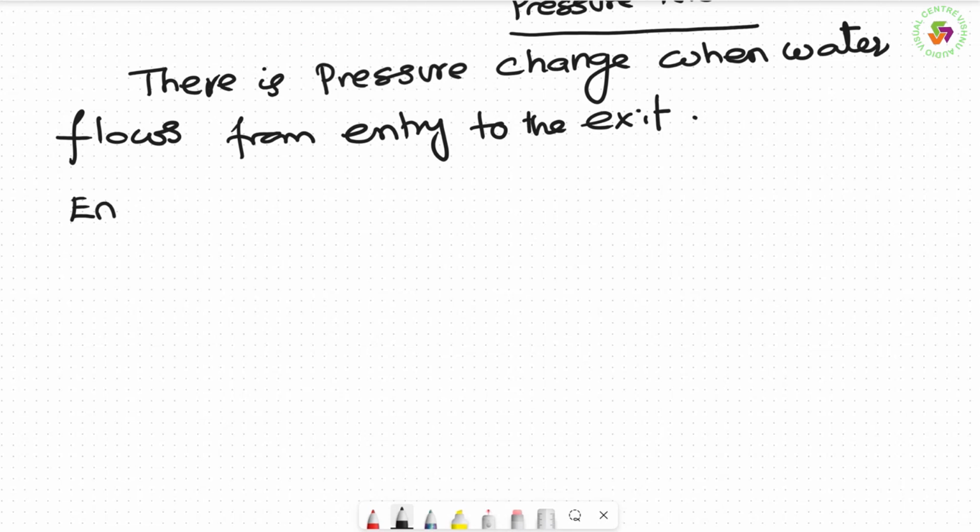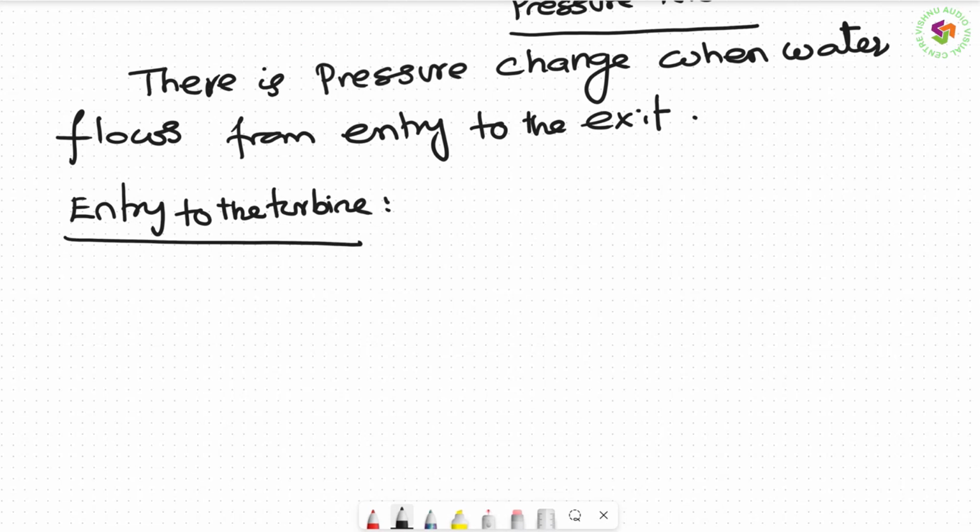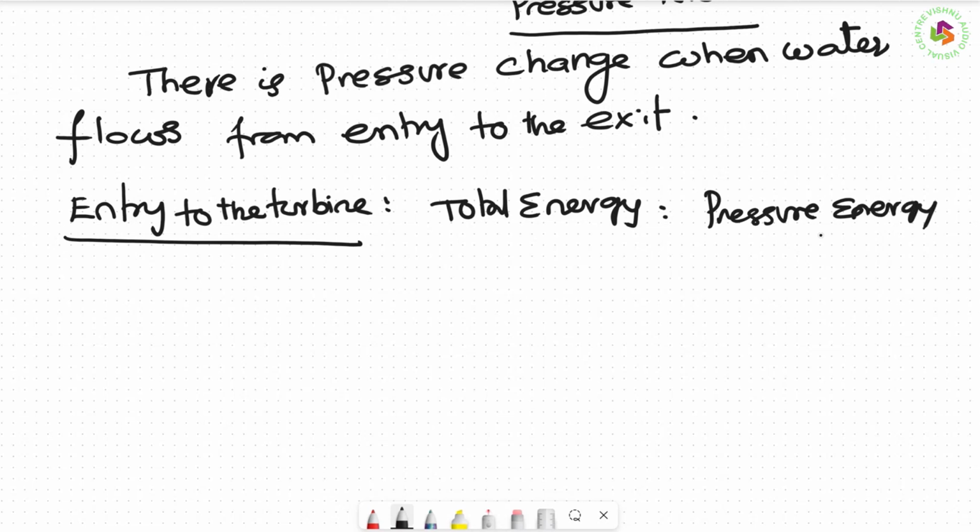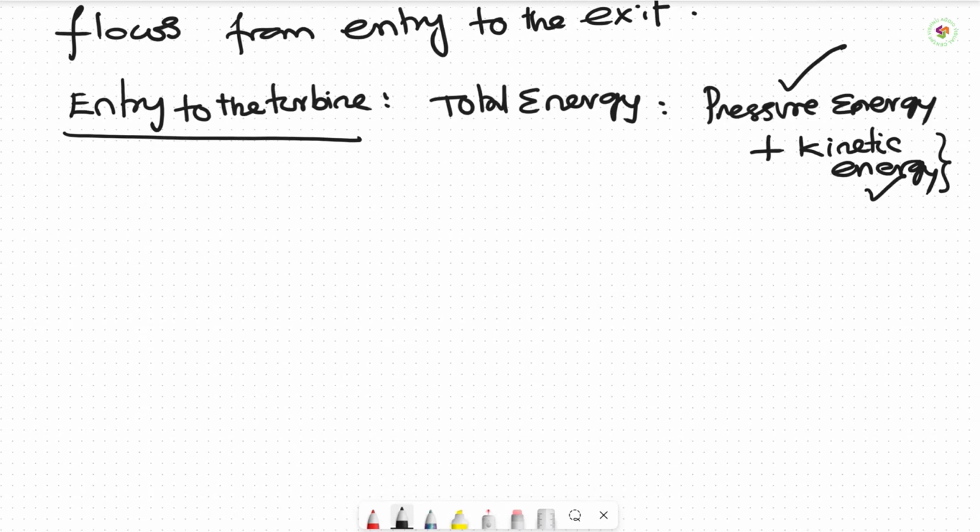For example, at the entry to the turbine, the total energy will be pressure energy plus kinetic energy. The major portion is pressure energy, and 30% to 35% is kinetic energy. So that's why it is called a pressure turbine.